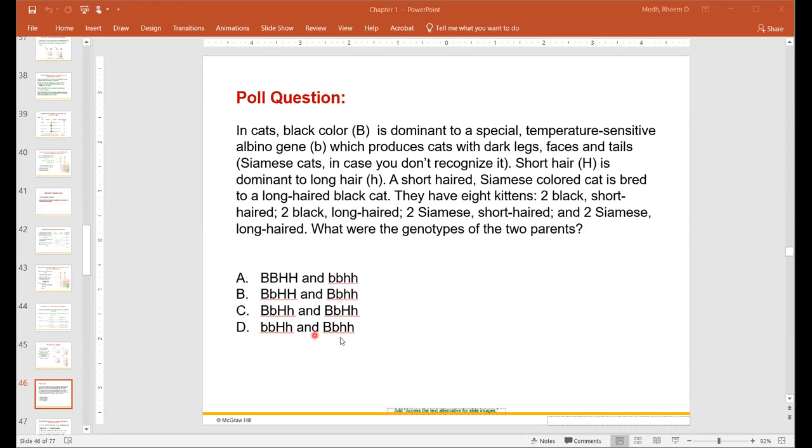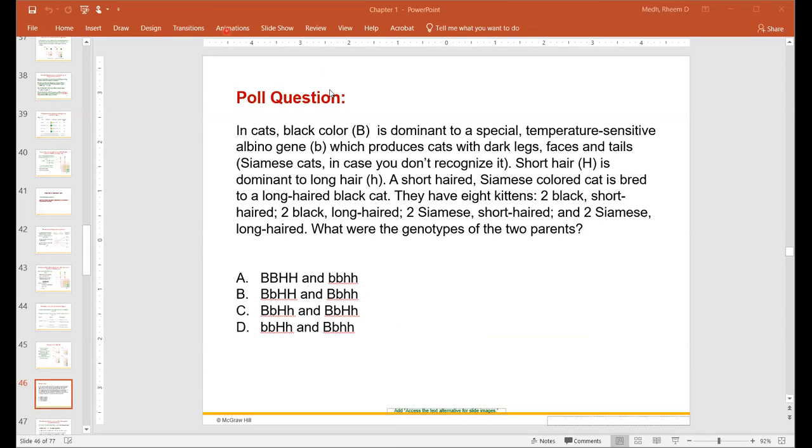The reason being that you get a 1:1:1:1 ratio of all 4 phenotypes, all 4, parental as well as the recombinant ones.